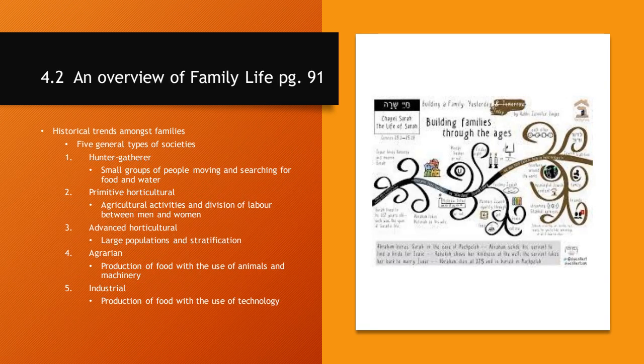When we're talking about the different families, we need to acknowledge the different societies that families evolved through to what we see families to be today. The first type of society that existed was the hunter and gatherer societies, which was small groups of people moving and searching for food and water.